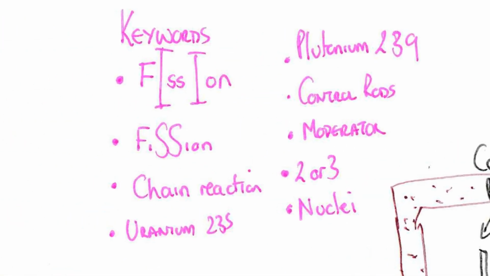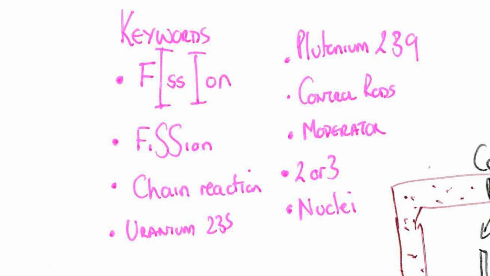Right, finally, these are the key words. You need to know fission. I've made the I's really clear because fission is splitting, and make sure you've got double S as well. Remember that splitting has two I's, fission has two I's. You need to know about chain reaction, how one atom can lead to the splitting of another three and so forth. You must know uranium-235 and plutonium-239 are the fuel sources in a nuclear power plant.